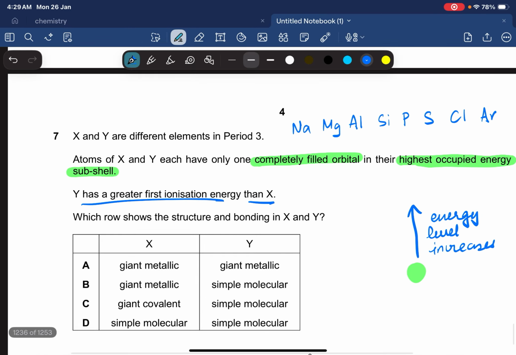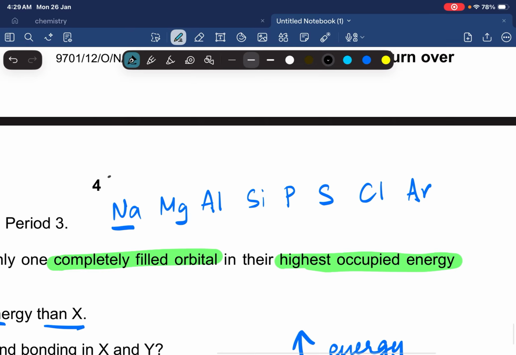Which row shows the structure and bonding in Y and X? If we talk about sodium, the last orbital is going to be S because it's an S block element, and it is going to have just one electron in it. If we talk about magnesium, the last is also S because it's an S block element, and the highest subshell is going to have 2 electrons in it.